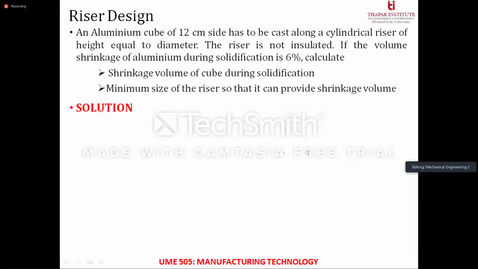Another data that I have given to you is that the volume shrinkage of aluminium during solidification is 6%. It says that the volumetric shrinkage during the solidification process is 6% of the total volume of the molten metal that is being poured into the system.